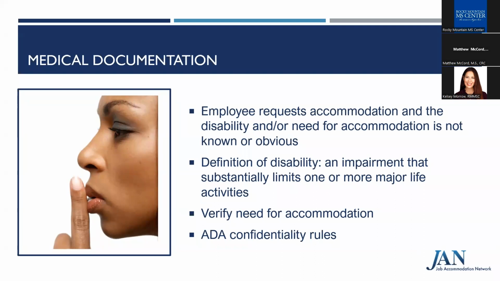Number two, first aid personnel may be informed if the disability requires emergency treatment or in the event of an emergency like a fire. Number three, government officials investigating ADA compliance should naturally be provided the information they need upon request. And number four, relevant information may be provided to workers' compensation offices and also insurance companies.